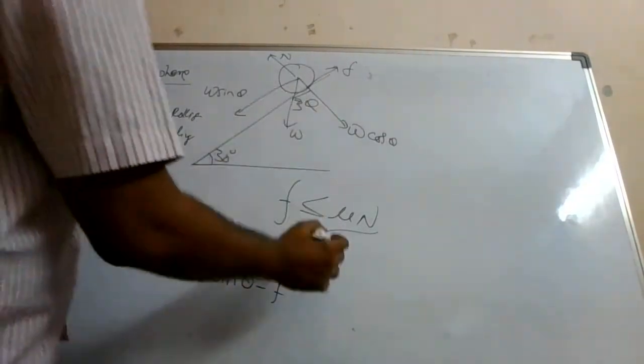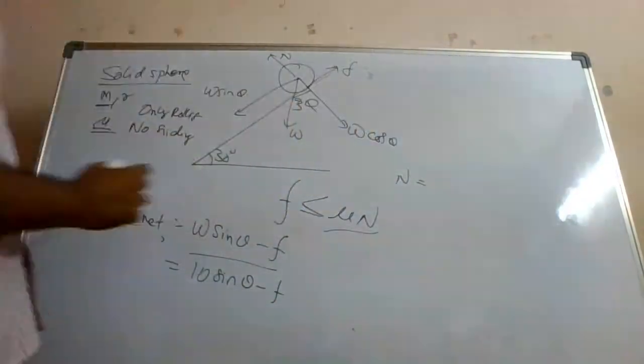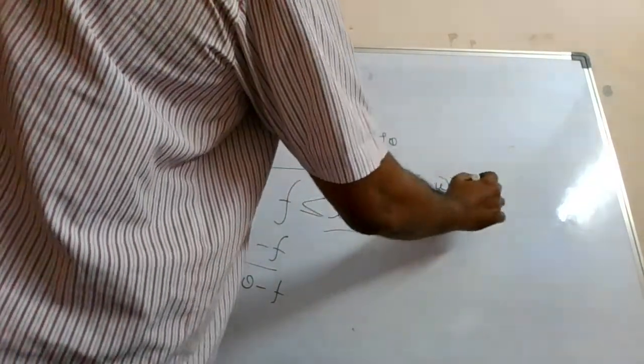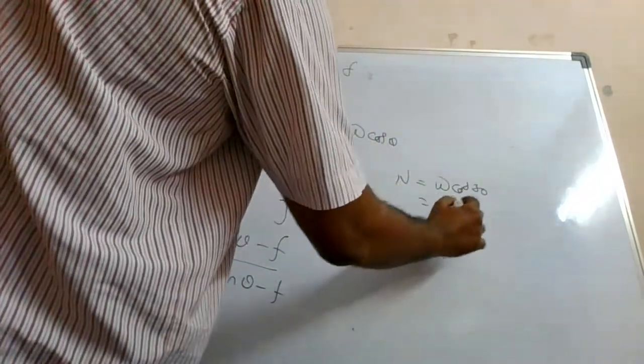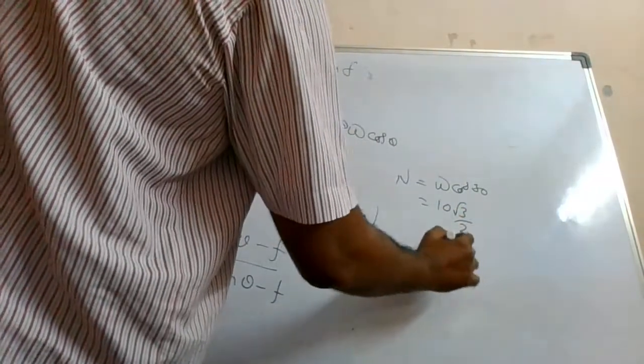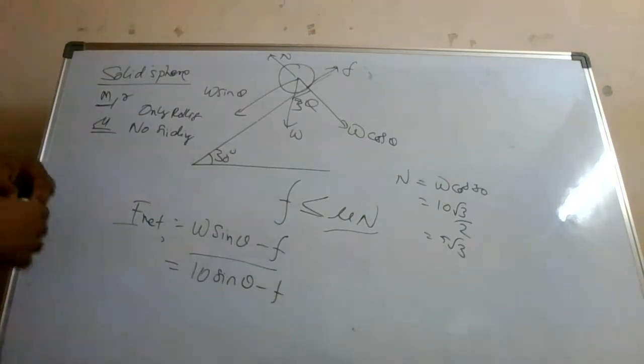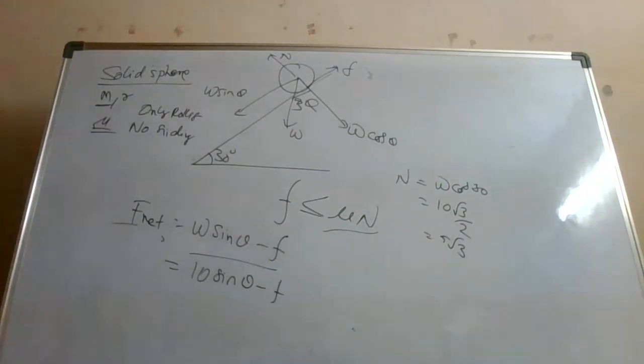Alright. So what is this N here? N here is W cos 30. So 10 into root 3 by 2, it is 5 root 3. Right? So it is mu times N. So mu times N is how much?